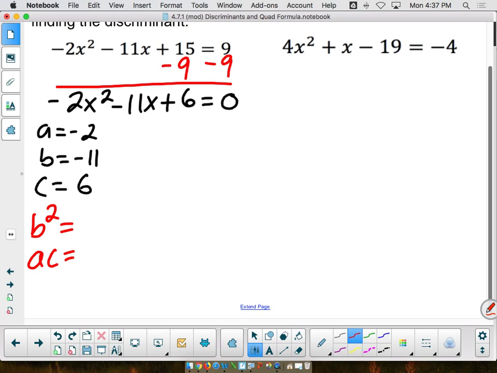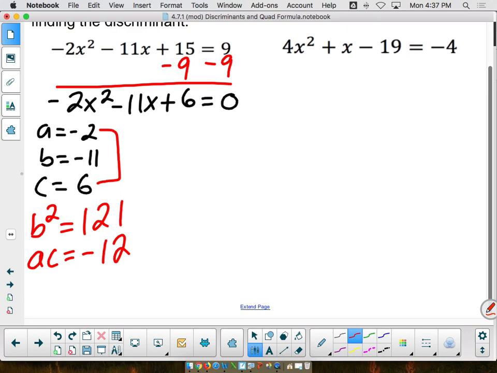Now you want to be careful here because the b value is negative 11, but I know if I take a negative number times another negative number, I'm still going to get positive 121. And then a times c, negative 2 times positive 6 is negative 12.